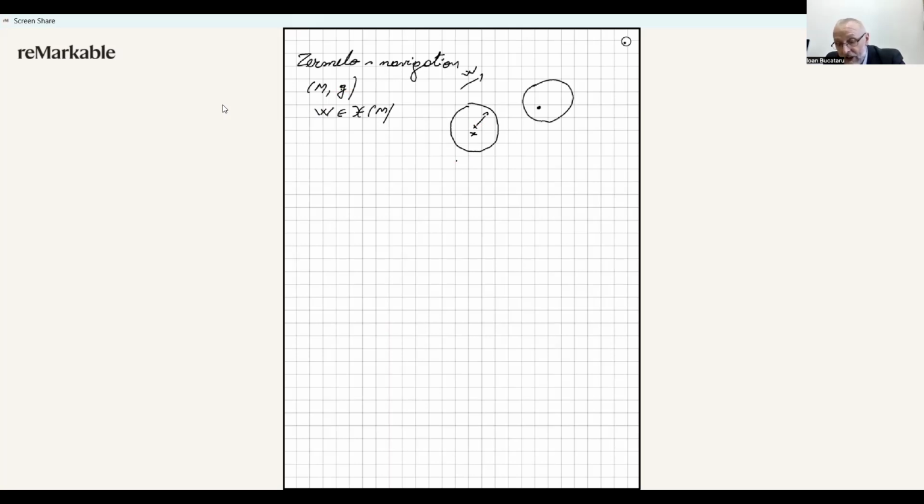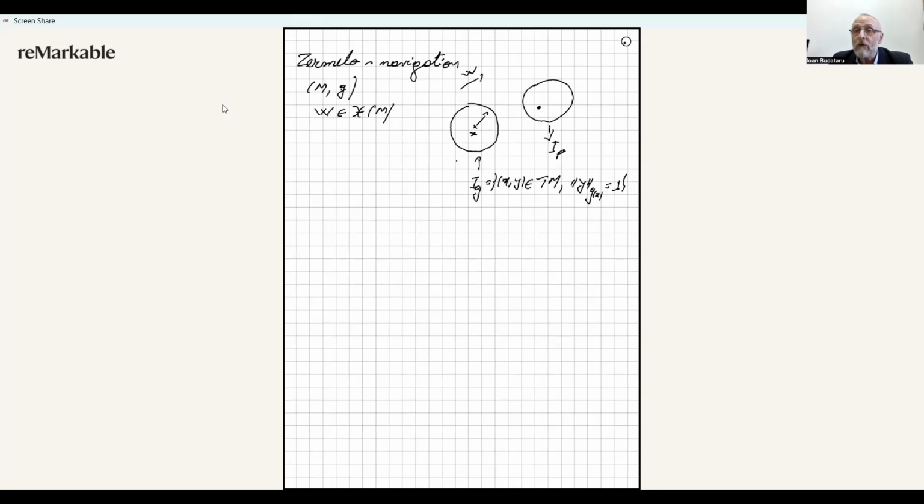It is still a sphere, but it is centered here. It's not difficult to show that this is what is usually called the indicatrix of G. And this will be the indicatrix of some Finsler function.